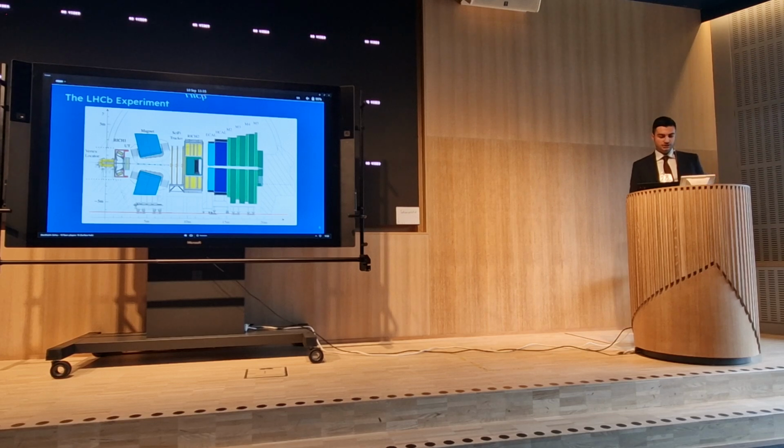As I said, we have a tracking system. The tracking system is composed of 3 stations. The first one is the vertex locator, then the upstream tracker and the sci-fi tracker. These are made both from pixel CMOS technologies and, in the case of the sci-fi tracker, from scintillating fibers.